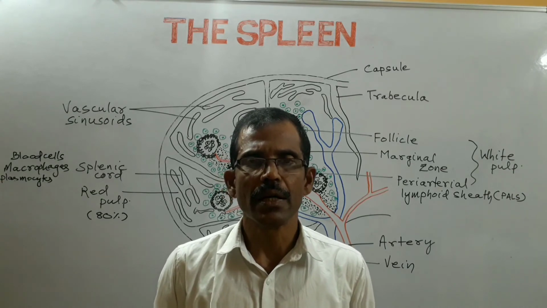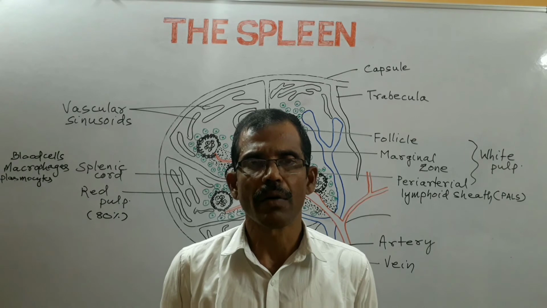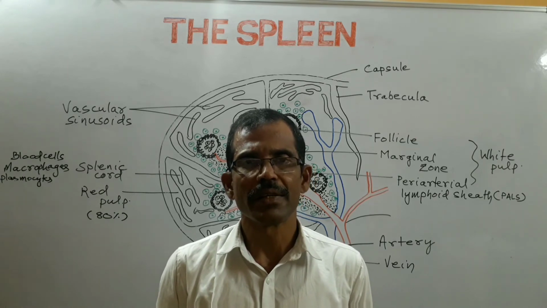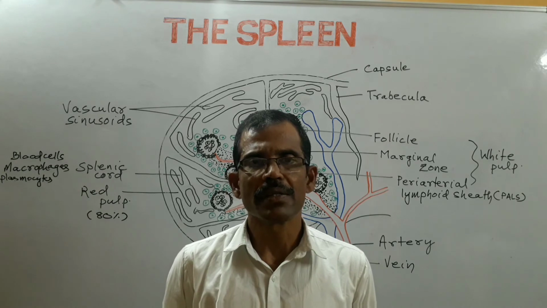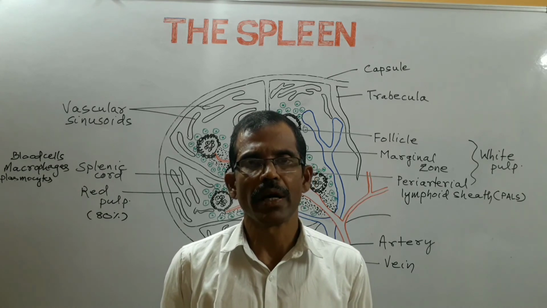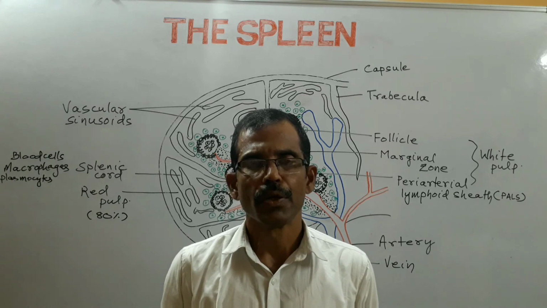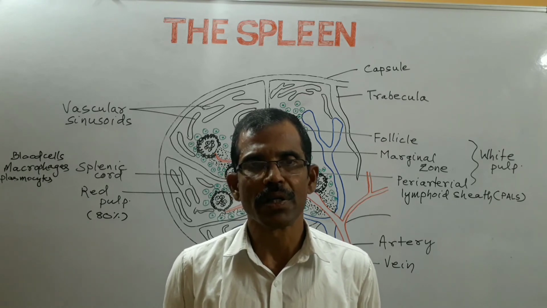The secondary lymphoid follicle differs from the primary follicle in having a germinal center. The germinal center is the site where B lymphocytes acquire the ability to produce antibodies.